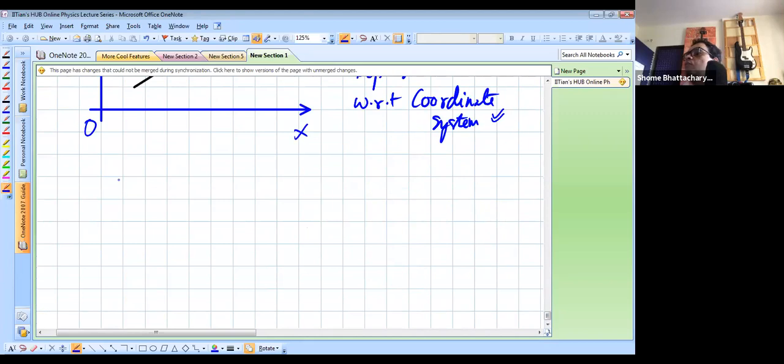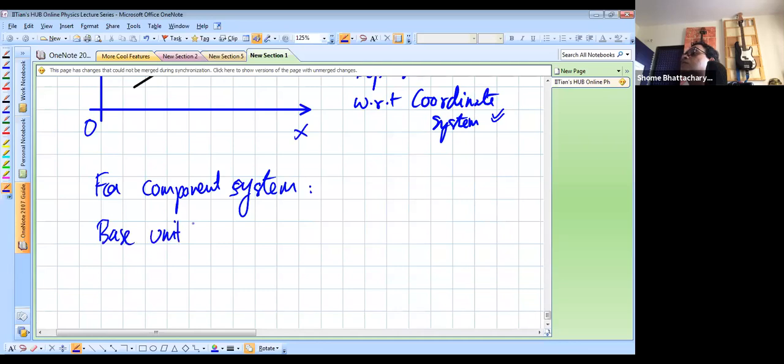Now, what we define for the component system, first of all, we define base unit vectors, which is why we had paid attention to unit vectors earlier, or sometimes also called standard unit vectors.